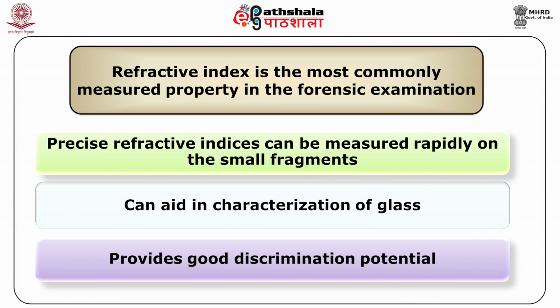Refractive index is the most commonly measured property in the forensic examination of glass fragments because precise refractive indices can be measured rapidly on the small fragments typically found in casework. It can aid in the characterization of glass.